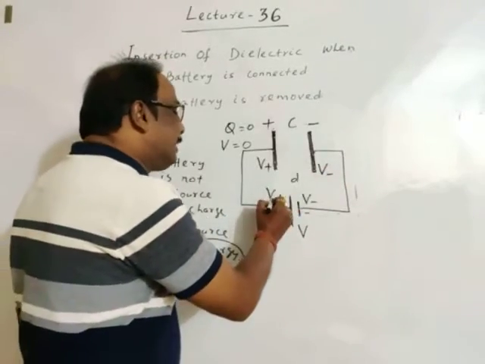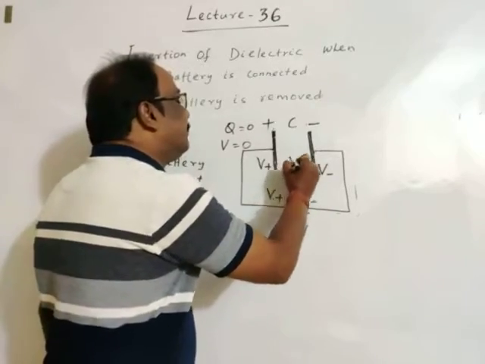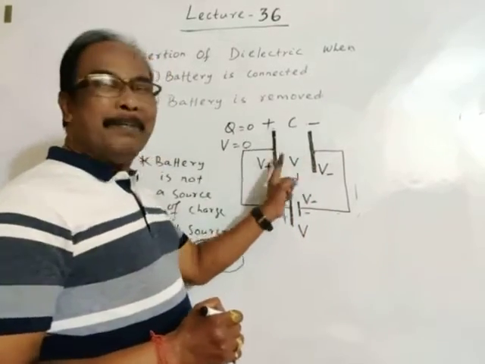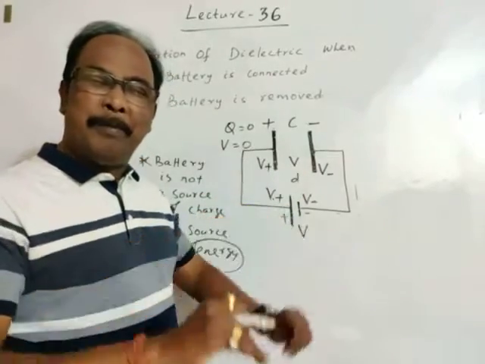So if the potential difference across the battery is V, obviously now the potential difference between the plates is V. Now the charging process is completed.